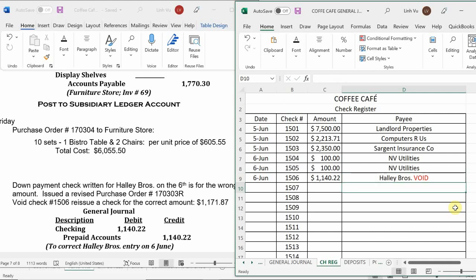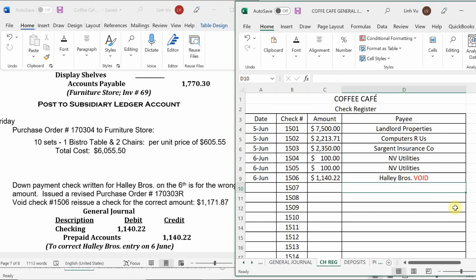When you void a transaction, obviously the check number doesn't disappear. It still is there because you already sent the check out. However, by doing this, you must call the bank and make sure that they process it and say that this check is voided. So if the person receives it, they can't deposit it as an extra payment. That means it's nulled. It doesn't work.